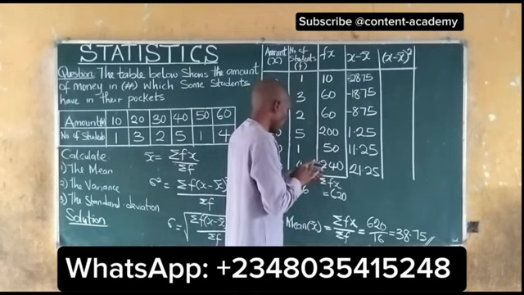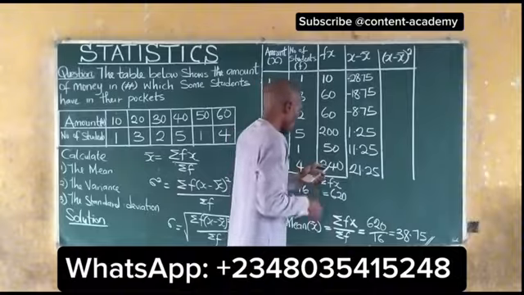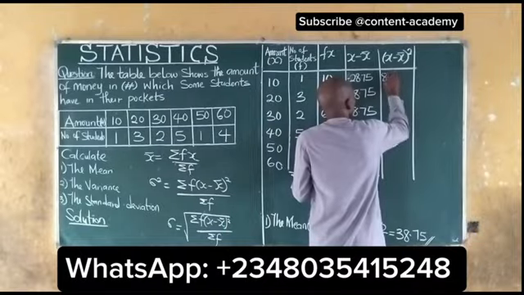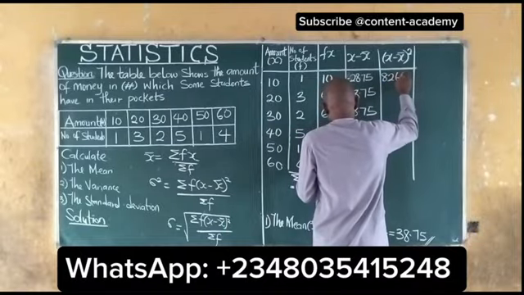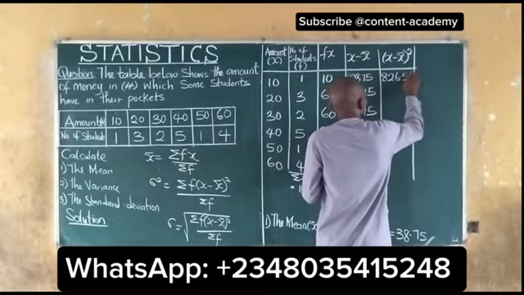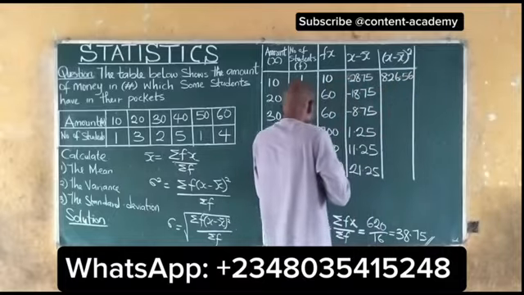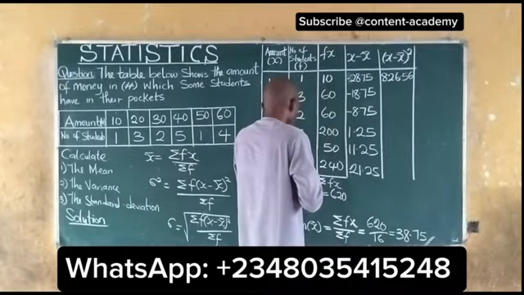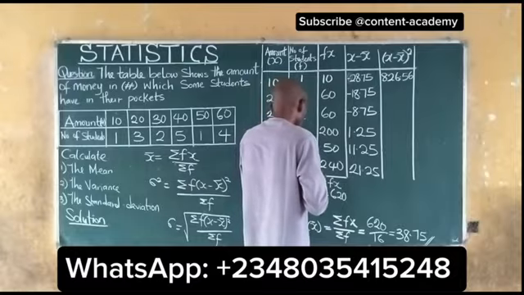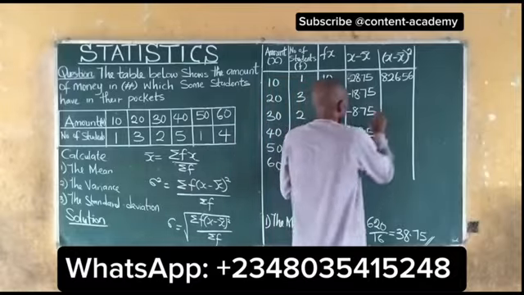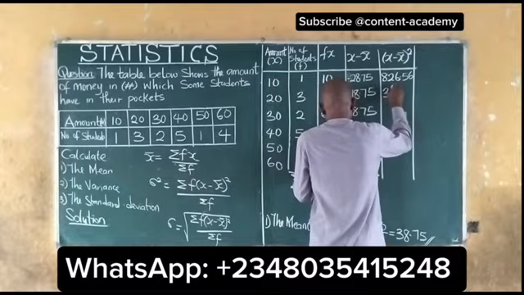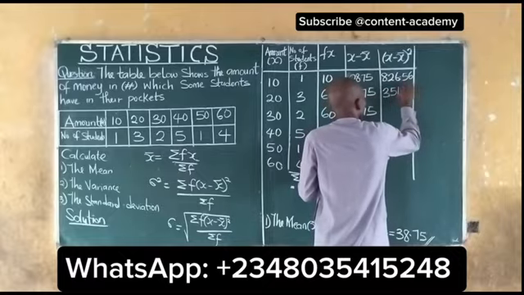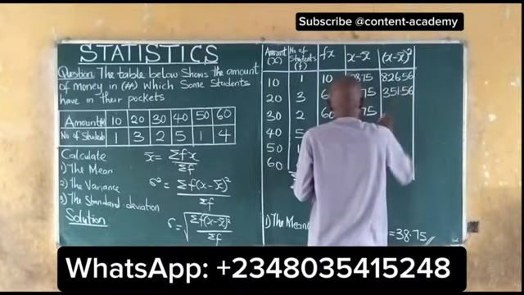So 28.75 squared is 826.56. Also 18.75 squared is equal to 351.56.